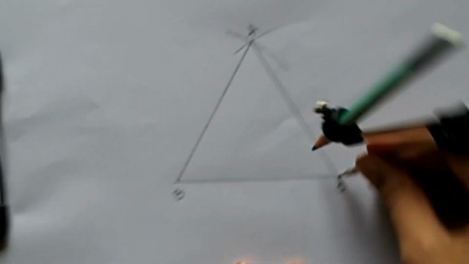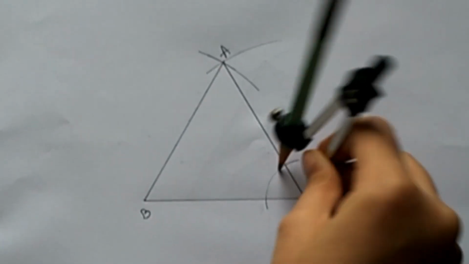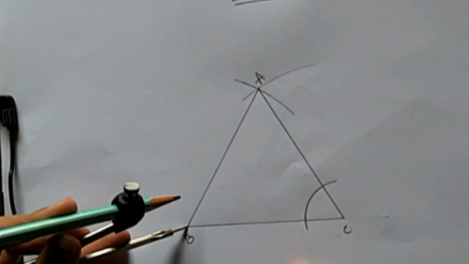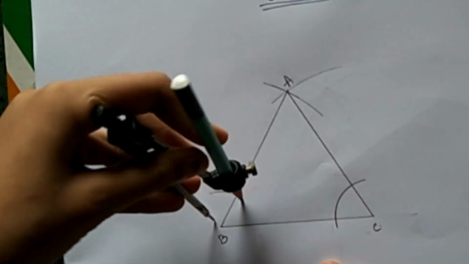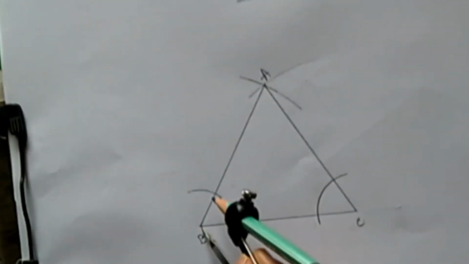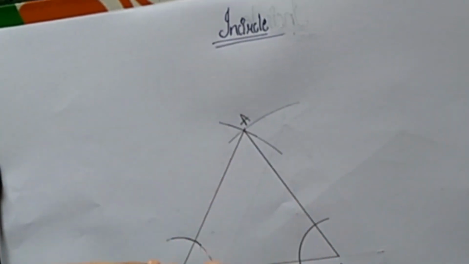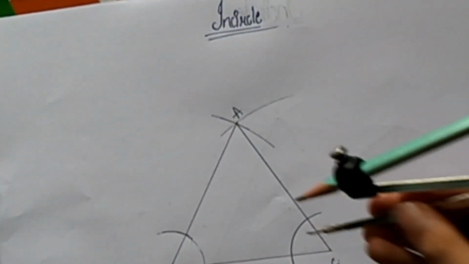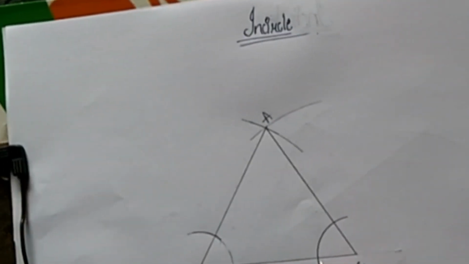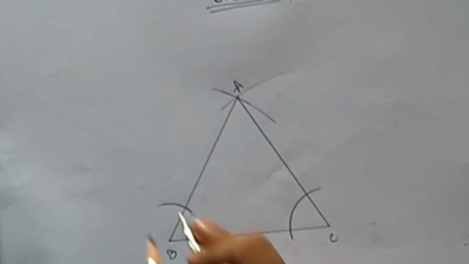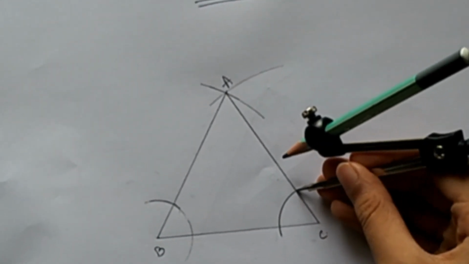So first angle I'll be taking as C and my second angle I'll be taking as B. So now we can make out that there are 2 points, 1 and 2. By keeping the compass on this point we have to draw an arc.